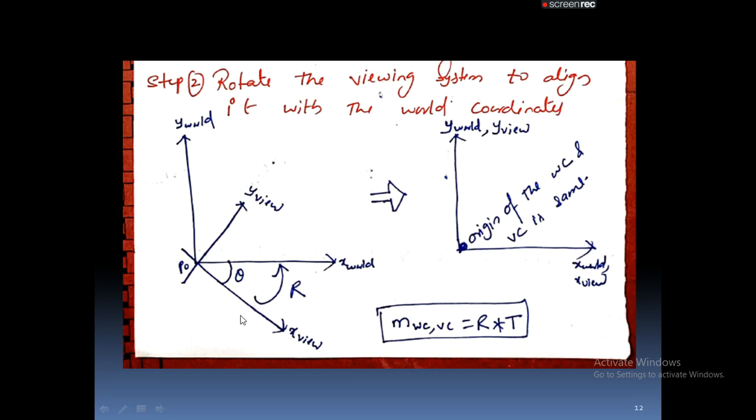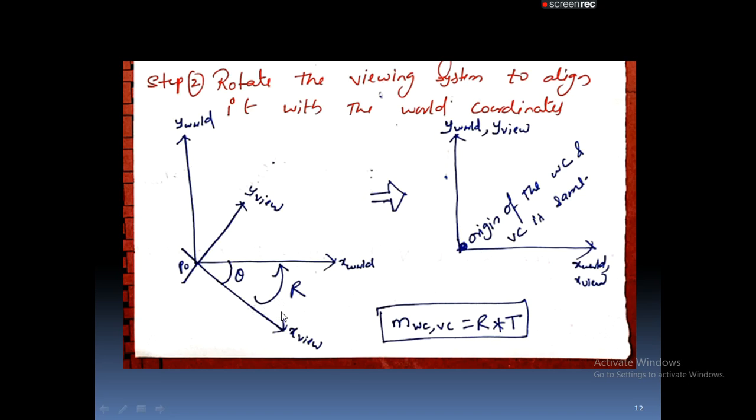Now we need to align the viewing coordinate to the world coordinate, so that the x-axis of the viewing coordinate becomes exactly parallel to the x-axis of the world coordinate, and the y-axis of the viewing coordinate becomes exactly parallel to the y-axis of the world coordinate.